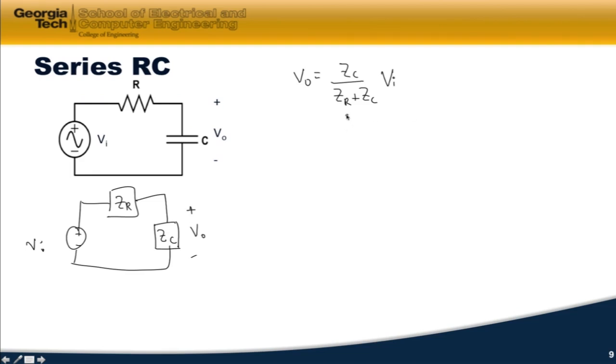If I plug in for Z sub C, I get 1 over J omega C. If I plug in for Z sub R, I get R, plus 1 over J omega C, times VI. If I clear my fractions, I will get 1 over RC J omega plus 1 times VI, and that gives me V out. So once I know what VI is, then I can solve for V out.